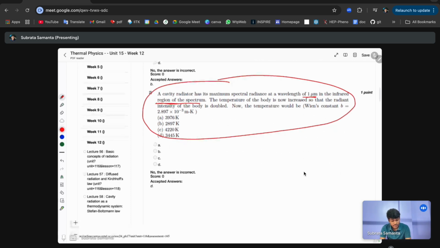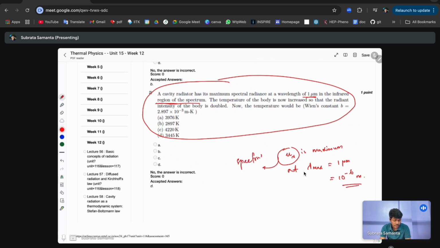Spectral radiance means u lambda, the spectral energy density. So u lambda is maximum at lambda max equal to 1 micrometer, which is 10 to the power minus 6 meter.